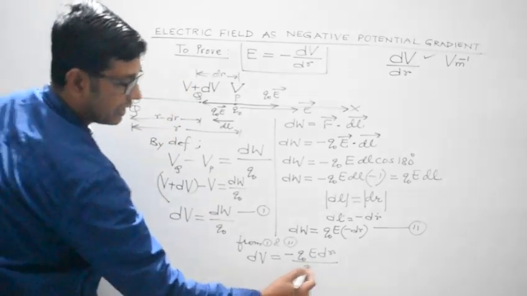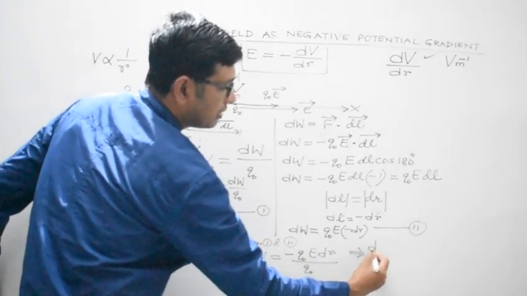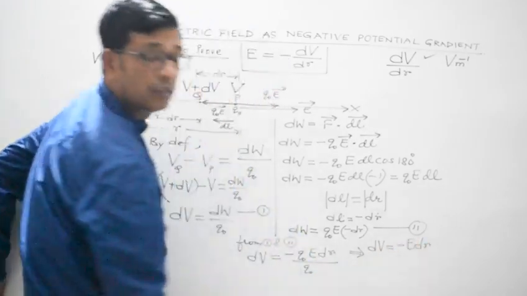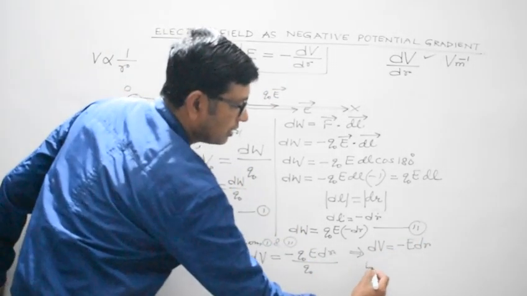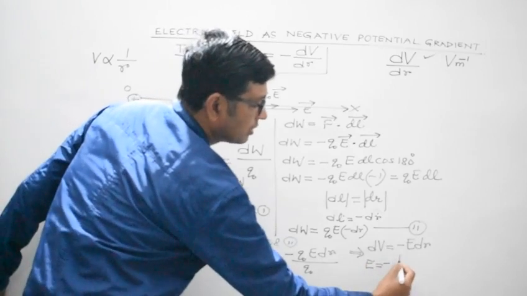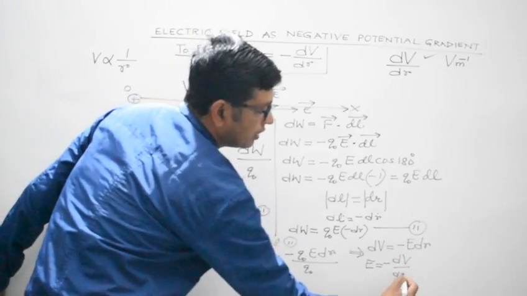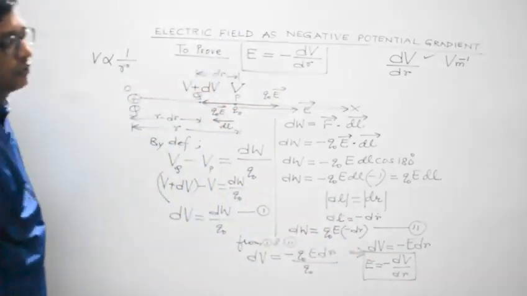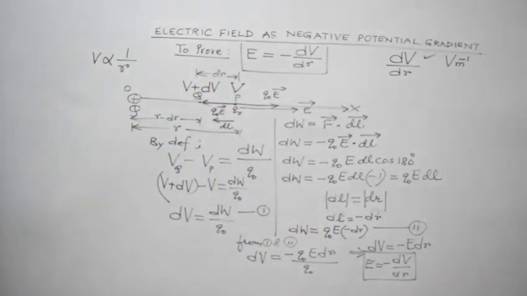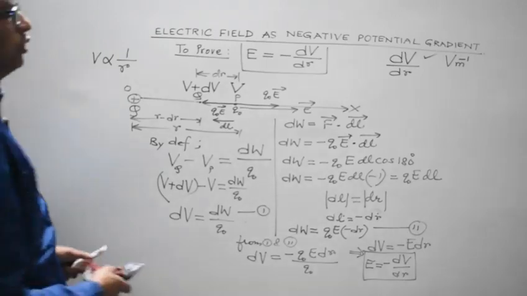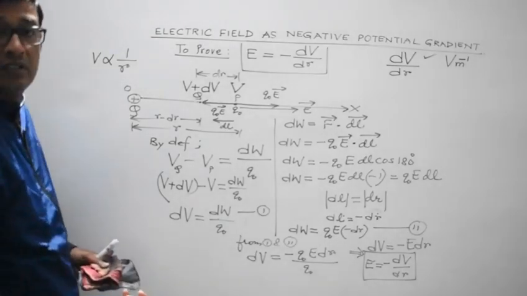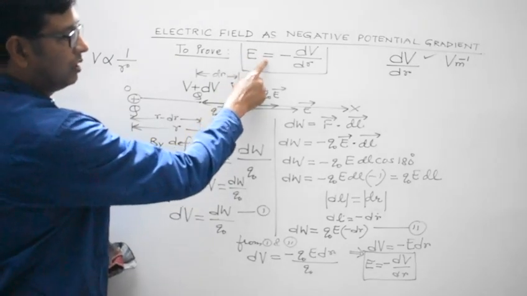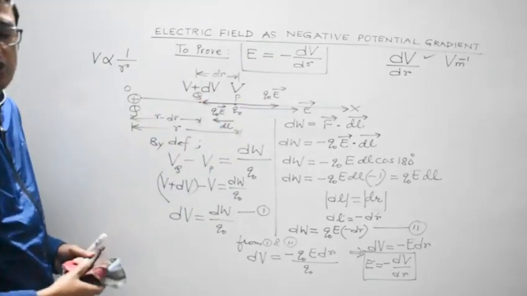Q naught gets cancelled, which implies that dv is equal to minus E dr, which further implies that E is equal to minus dv by dr. This is the mathematical verification of this very, very important relationship. So, the conclusion is, electric field at a point is numerically equal to the negative of the potential gradient at that particular point.